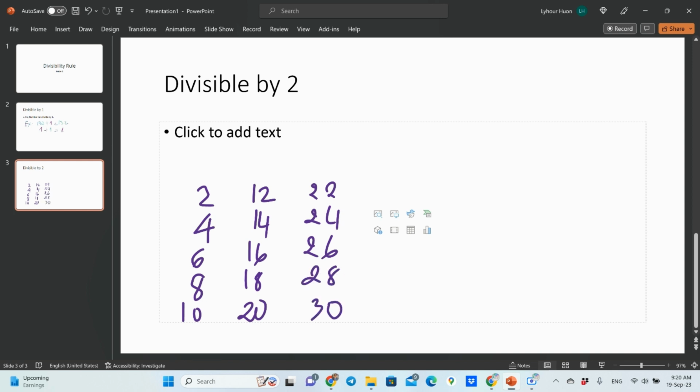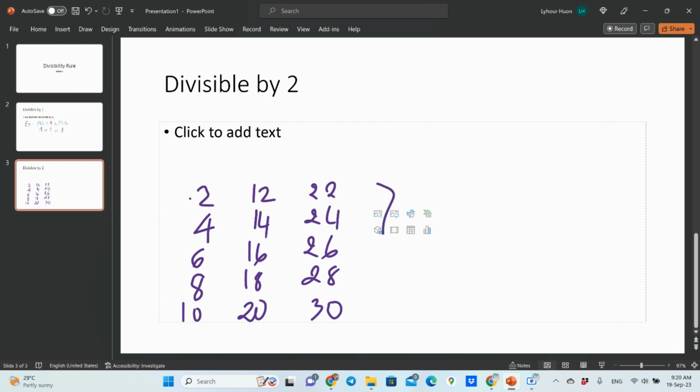All of these numbers are divisible by 2, because they are multiples of 2. If we divide by 2 back, the result is 1, 2, 3, and so on.